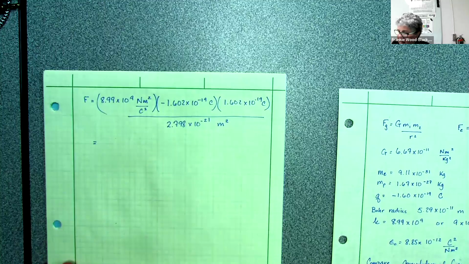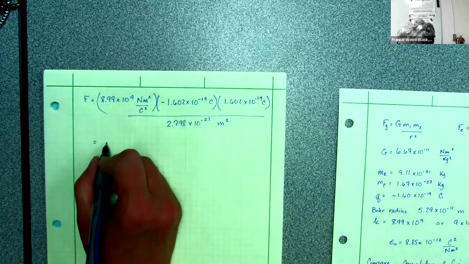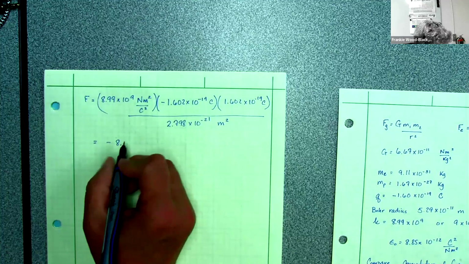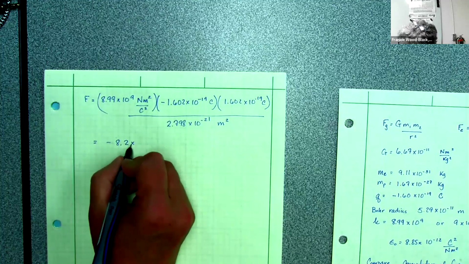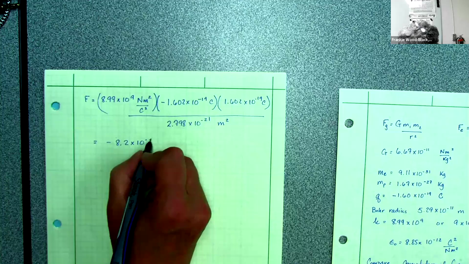And when I put that in my calculator, I'm going to end up with a negative 8.2 times 10 to the minus 8 newtons.